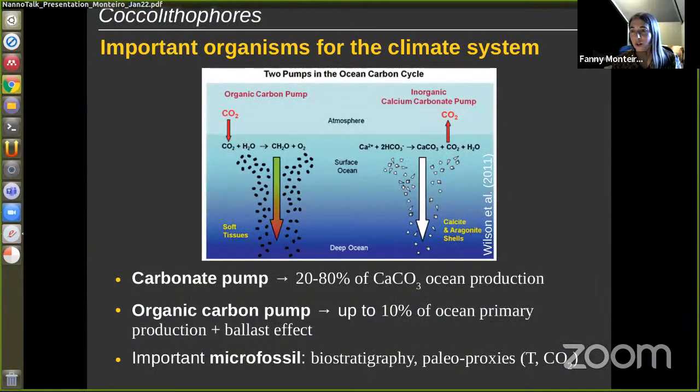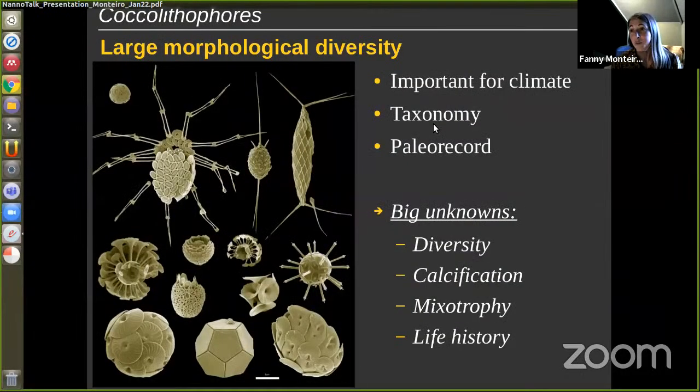As you know, coccolithophores are a really important organism for the climate system. They contribute to the organic pump and also to the inorganic calcium carbonate pump. They have a beautiful, diverse morphology that is well described through taxonomy, and they also have really good fossil records.